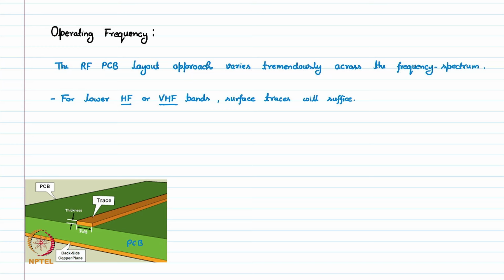The back side is the copper plane, and on top we just lay down one trace. The width and length are not very significant to design for these HF and VHF bands. Any standard width of trace will suffice to propagate the signal.